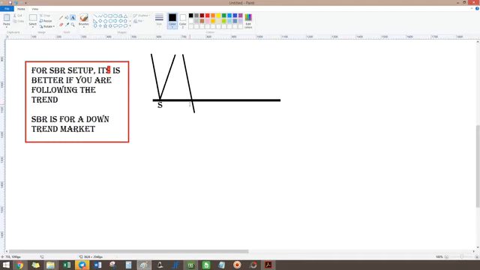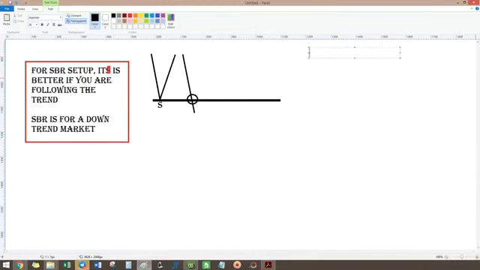First break. Over here, break. These are the steps to validate the flag. First, a support level. For resistance, you just need to flip the chart.